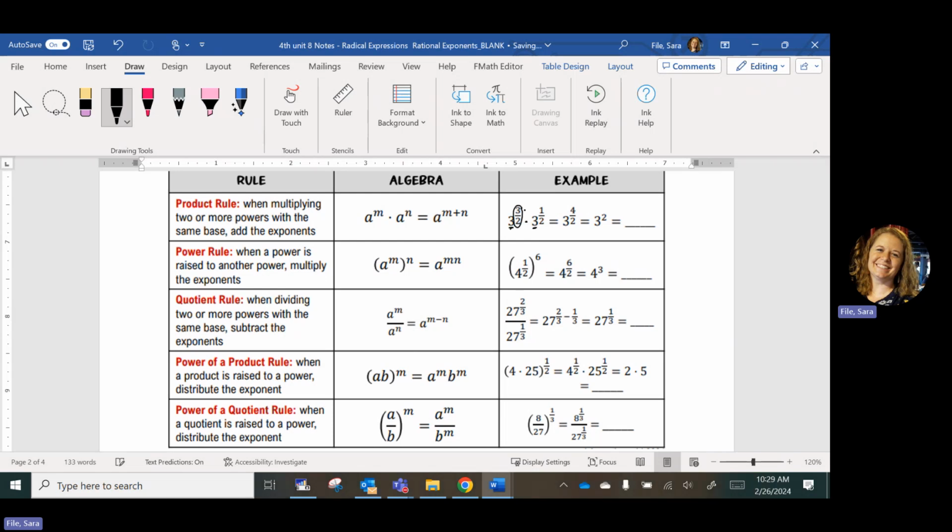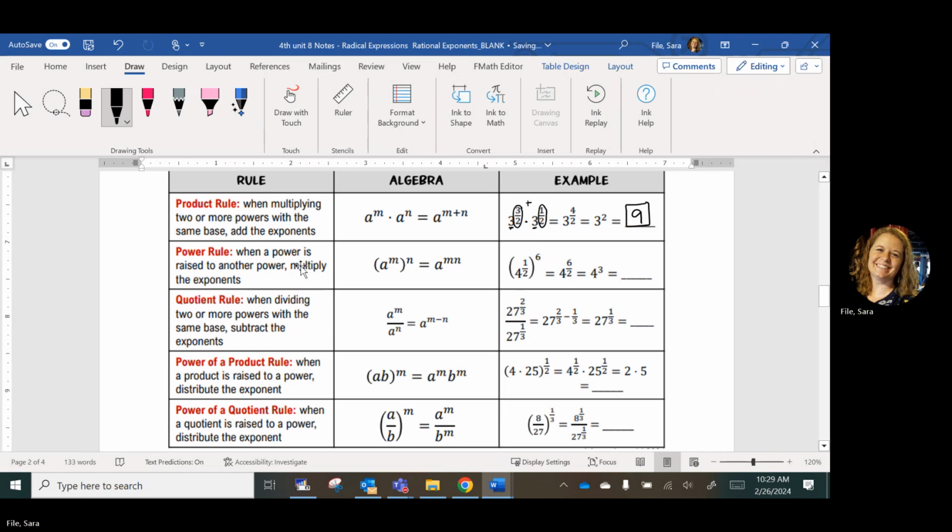So I'm going to add the exponents. So 3/2 plus 1/2, isn't that 4/2 here? So that's where this 4/2 came from. So now it's just 3 to the 4/2, which 4/2 is just 2. So it's just 3 squared, which is 9.